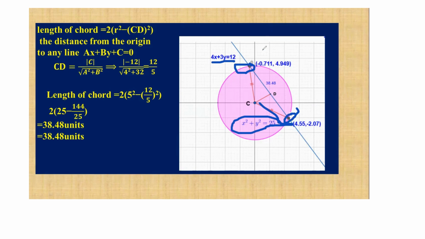So the intersection point here is minus 0.711 and 4.919, and here is 4.55 and minus 2.07. These are the intersection points.